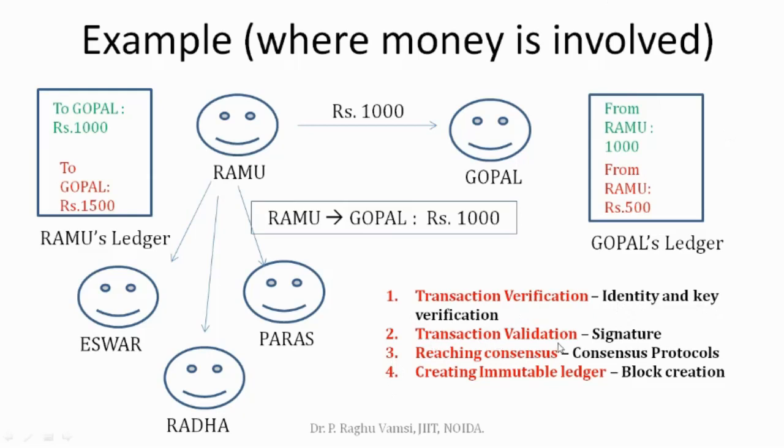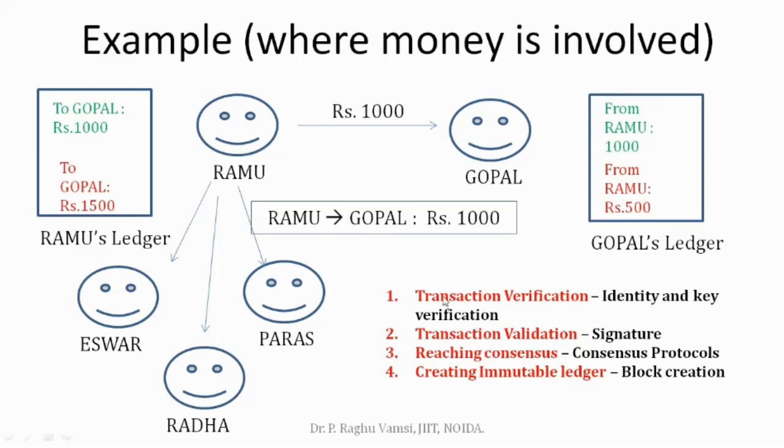Next, transaction validation must be learned, and what are the supporting public key data structures and public key cryptography algorithms that will help us in achieving the first and second ones, that is, transaction verification and transaction validation. And what are the different distributed consensus protocols, and which are the best, or which consensus protocols are designed especially for the blockchain, that we are supposed to learn.